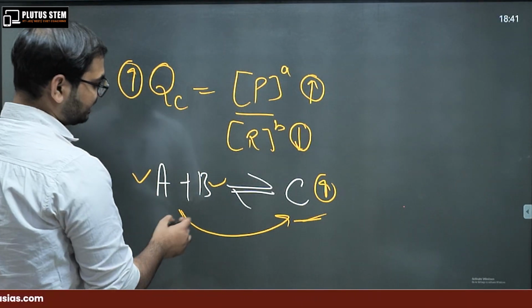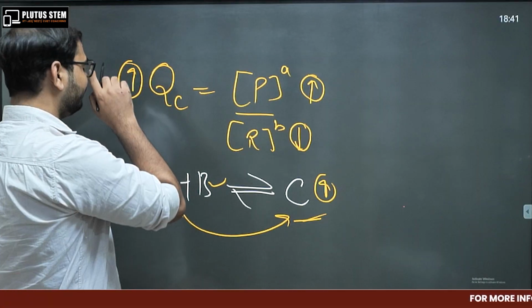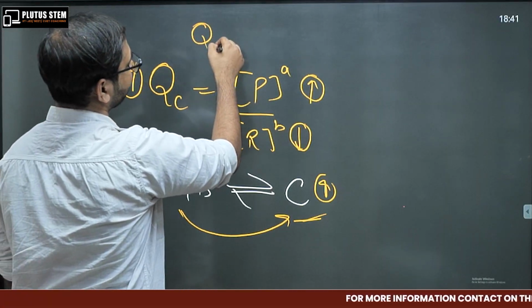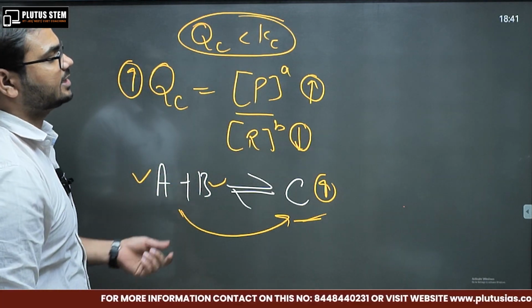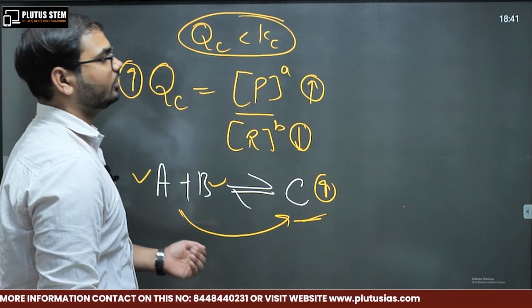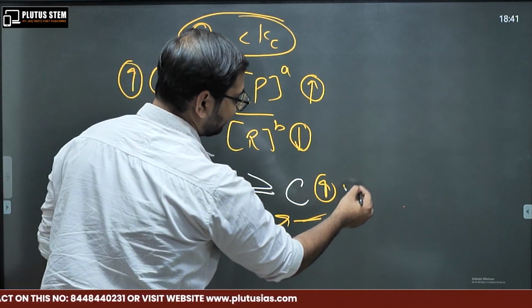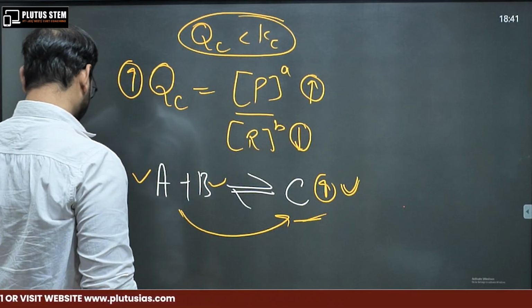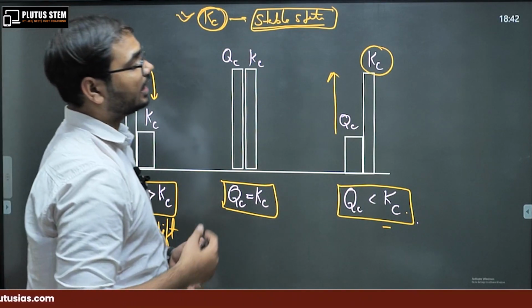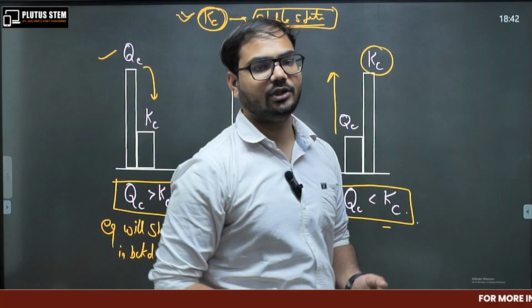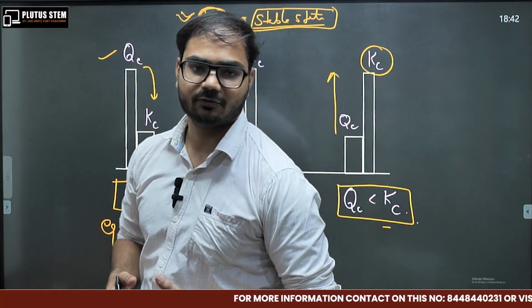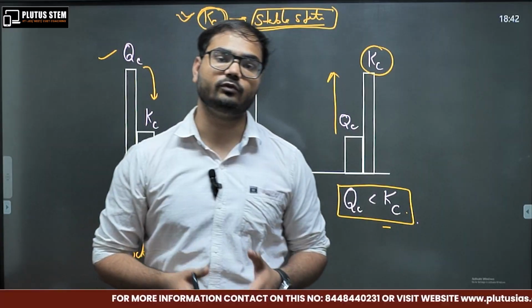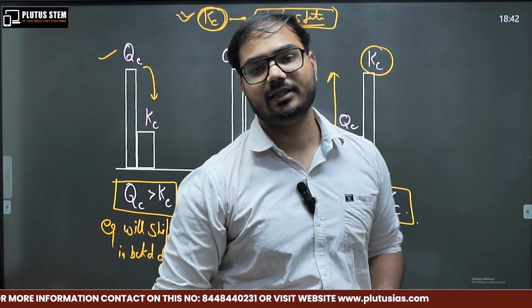So whenever Qc has a lower value than Kc, I can judge that this reaction will go in the forward direction, and I will get more product. That's how you can relate Qc values with the equilibrium constant and predict the direction of the reaction, whether the equilibrium will move in the forward or the backward direction.